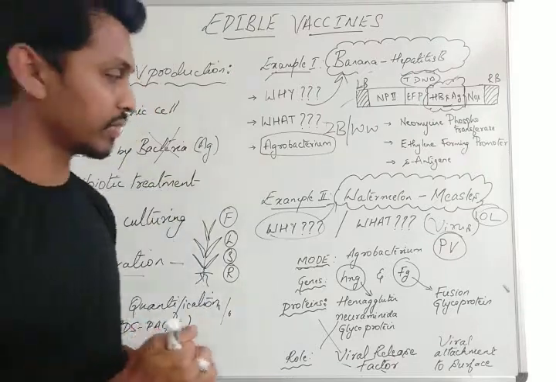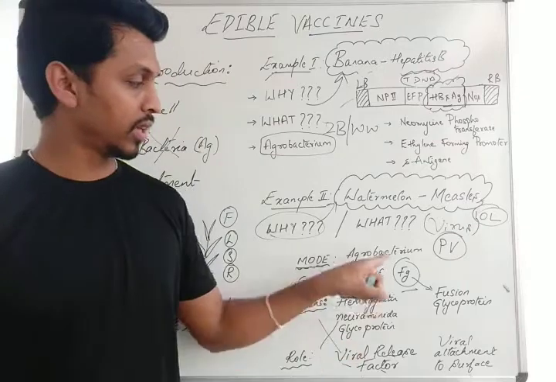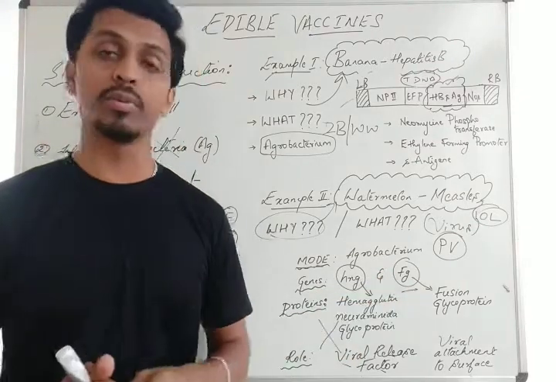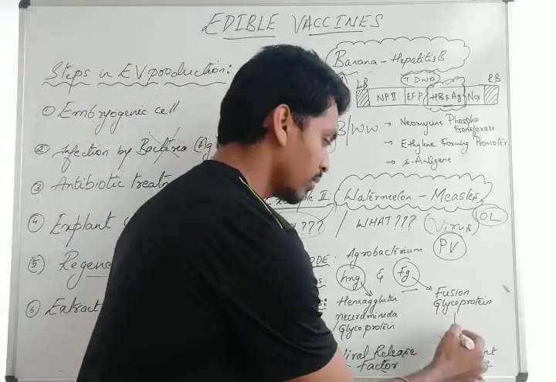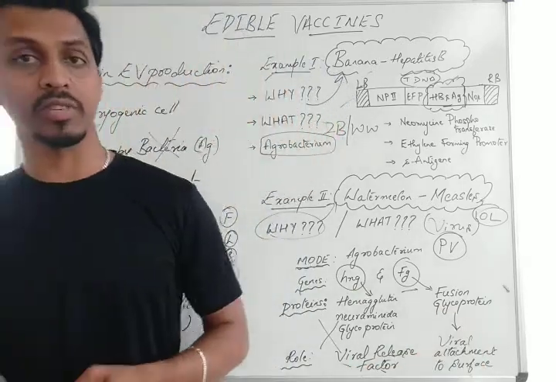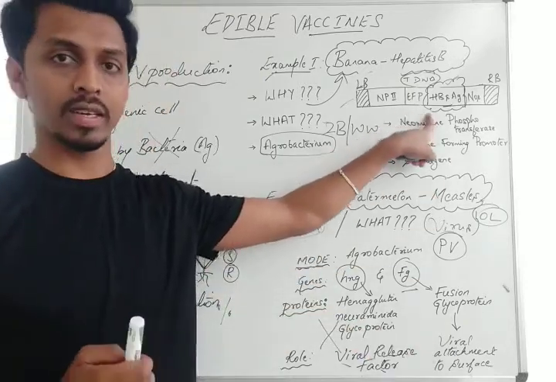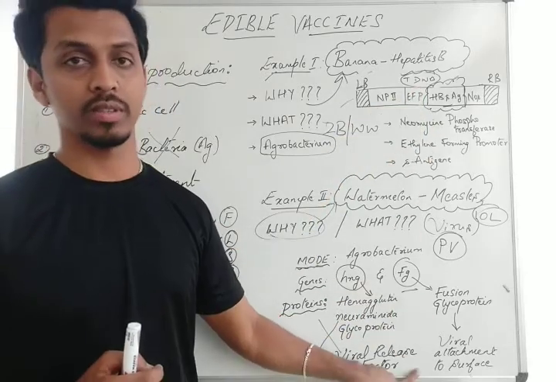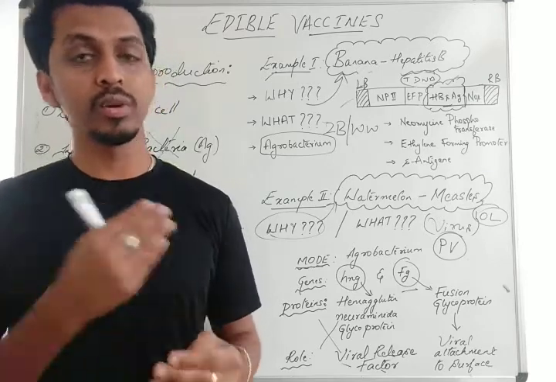The other mode is another protein, the F protein or F gene. The F gene helps in production of the fusion glycoprotein. The role of this fusion glycoprotein is to help in viral attachment onto a particular surface. Just like HBsAg, the F gene also has an attachment process. If the virus is not attached, it doesn't get entry.